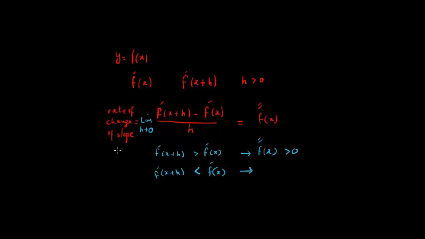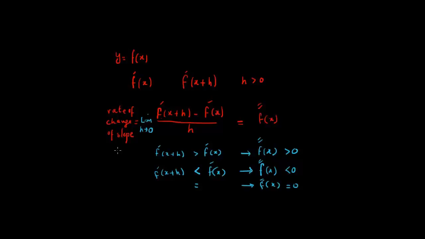However, if the value of the slope at x plus h is less than the slope at point x, then we have f double prime less than 0, and if they are equal to each other, then we have f double prime of x equal to 0.